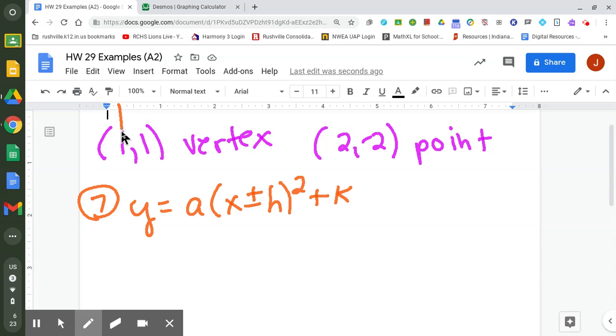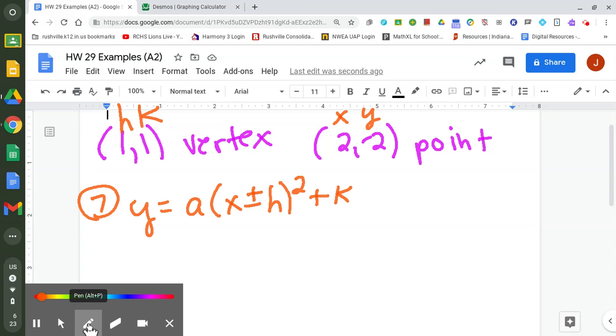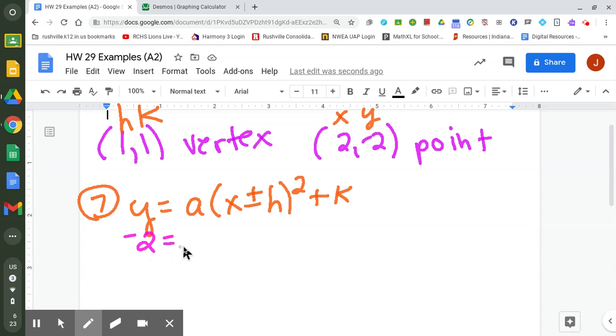So again, my vertex, this is h, k, and this is x, and that is y. So the y is negative 2 equals the a we don't know. The x is positive 2. The h would have to be negative 1 squared, and then the k is positive 1.